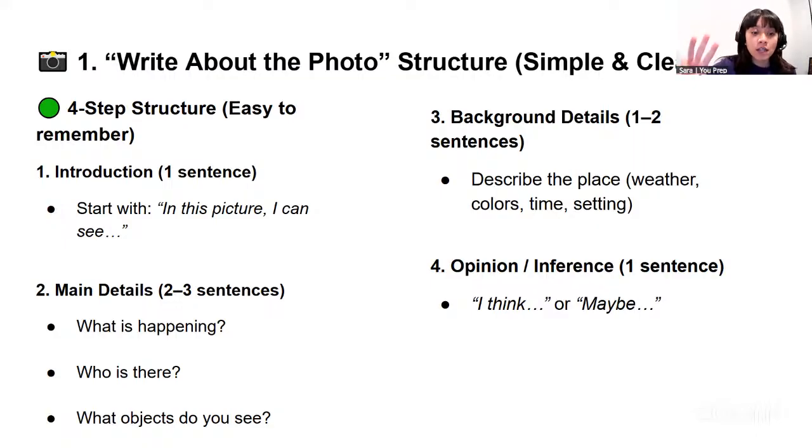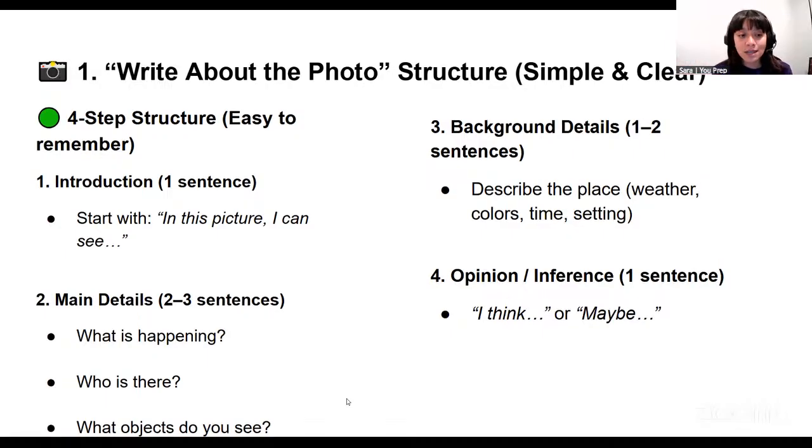And the last, what objects do we see? What are the objects that we can see around? Houses, trees, cars, buildings. This is the second part. The third part is giving details about the background. Here we're going to describe the place in general, the weather, colors, time, the setting.